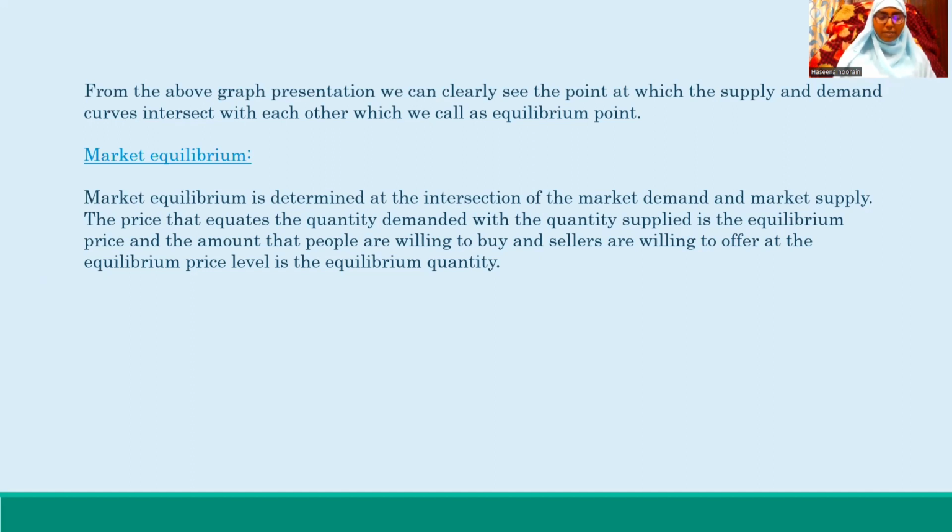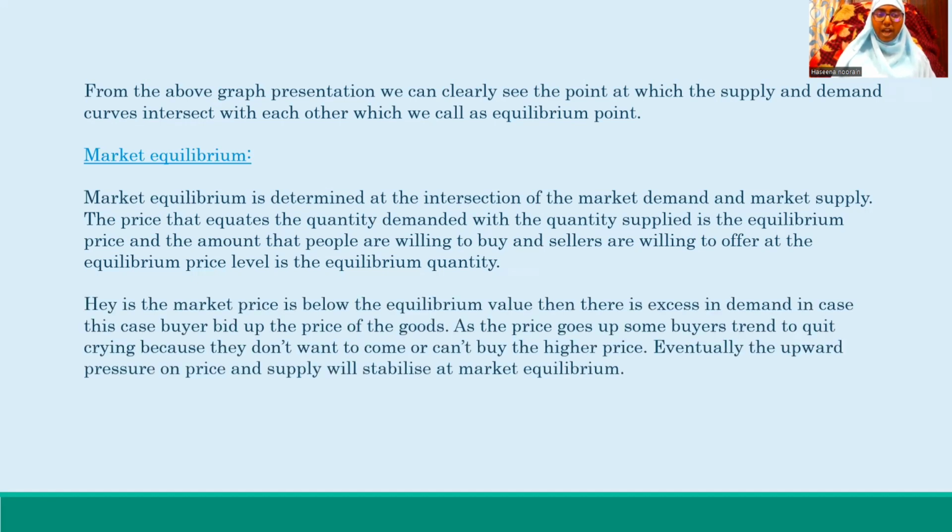To understand it simply, a market situation in which the quantity demanded exceeds the quantity supplied shows a shortage in the market. A shortage occurs at a price below the equilibrium level. A market situation in which the quantity supplied exceeds the quantity demanded shows a surplus in the market. A surplus occurs at a price above the equilibrium level.